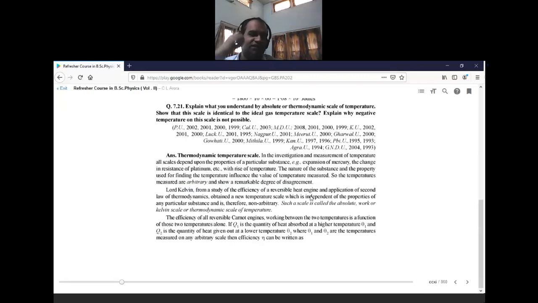So when he was studying these things, he found a new temperature scale which does not depend on the properties of that particular substance.